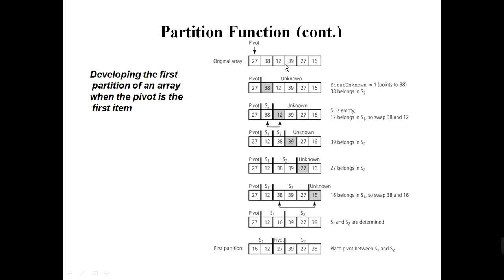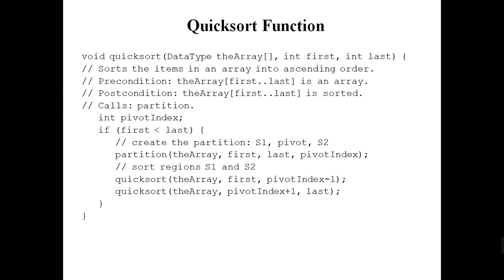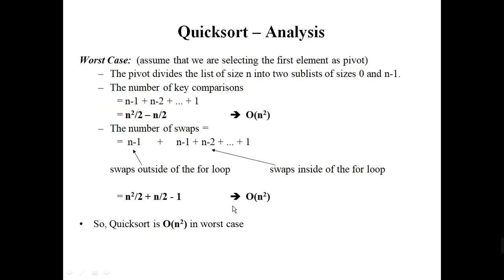Next, you split separately into the left side and right side. Then on the left side you get a pivot, and on the right side you get a pivot, based on sizes. This is the separate function for quick sort, sorting items in an array into ascending order based on a precondition or postcondition. If you declare quick sort on the array from first to pivot index minus 1, after that quick sort from pivot index plus 1.